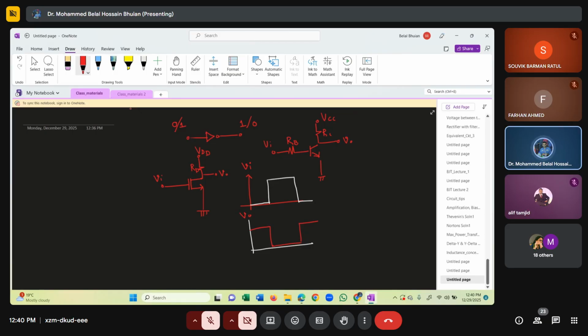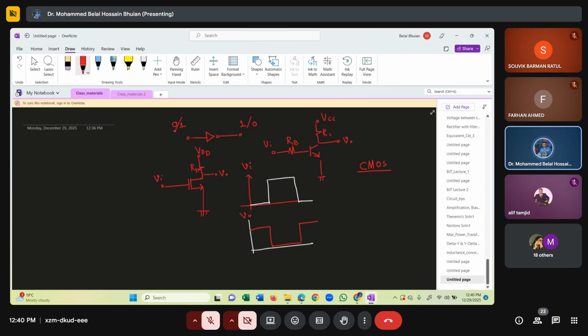Now, in reality, the gates don't necessarily use BJT or MOSFET in this configuration to implement the gate. Rather, they use a technology known as CMOS technology.